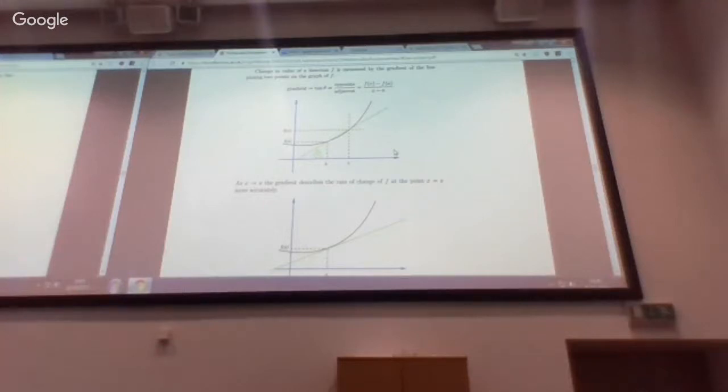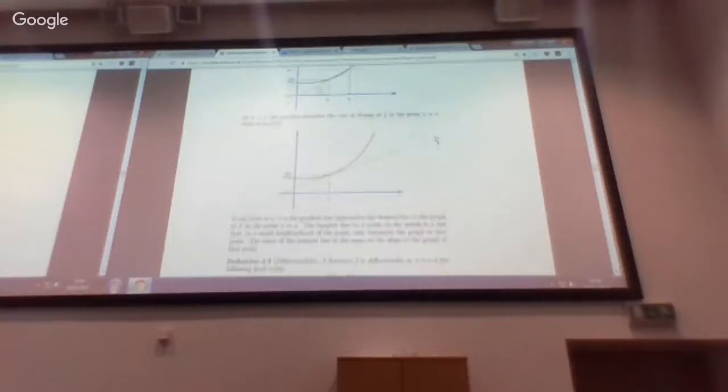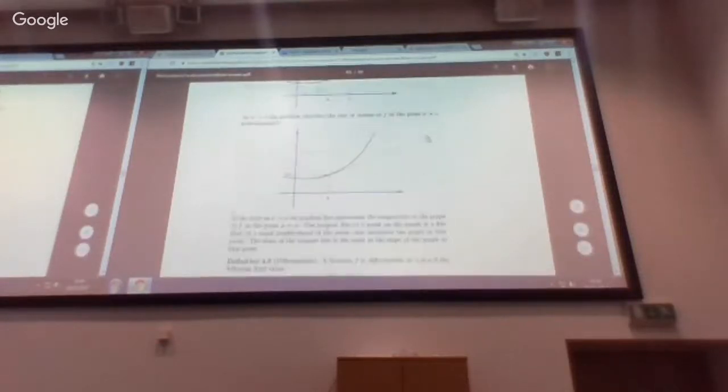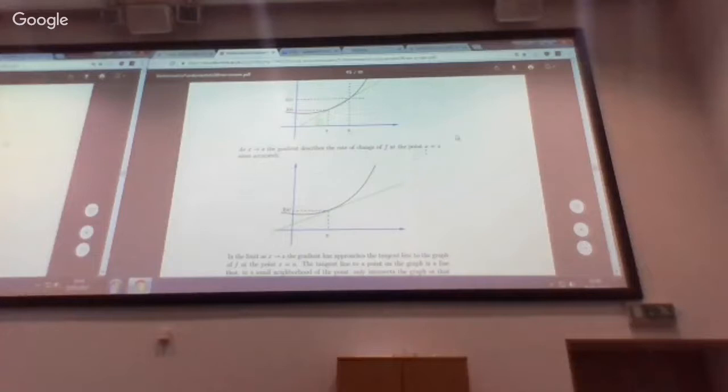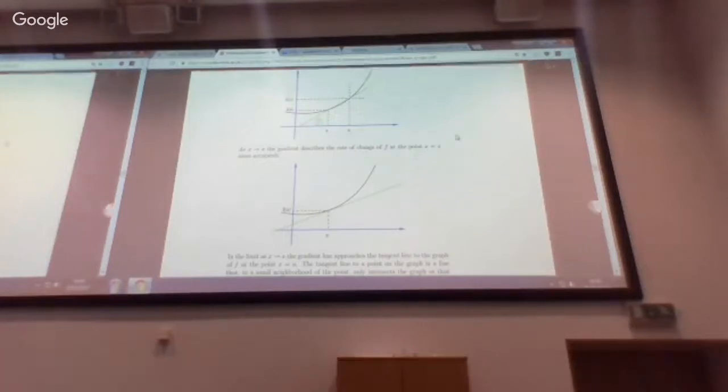Okay. So that green line there summarizes the behavior of the function at the point A compared to at the point x. It's a line through those two points on the graph, the point at A and the point at x. And then the definition of the derivative will be the gradient of the limiting line.